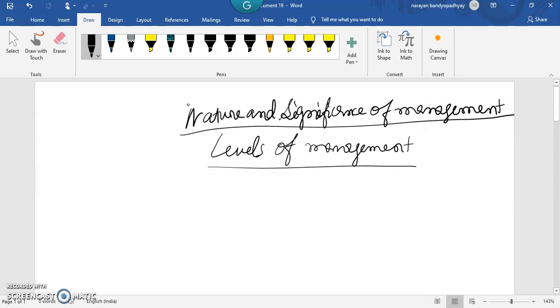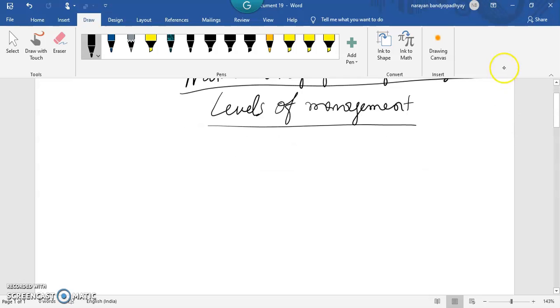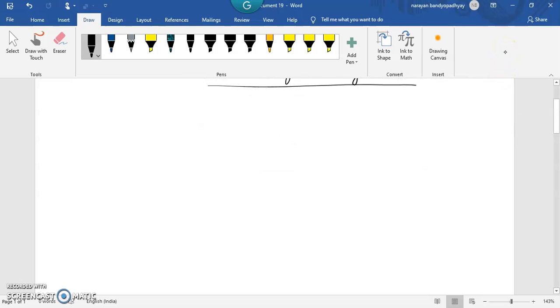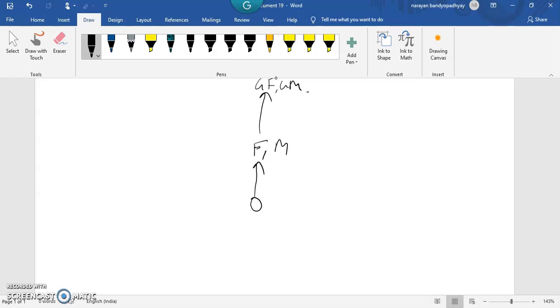Just consider your home. Just take one simple example of your home, that the order is like, here you, after that your father, mother, next grandfather, grandmother.